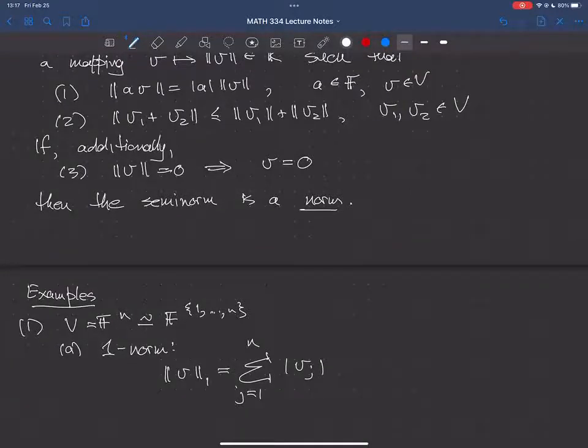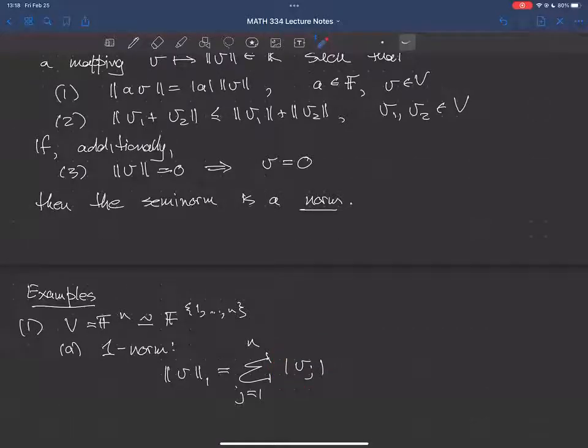Well, this one's obviously a norm. Okay, why is it obviously a norm? It's simply this property, the homogeneity property is clear. Okay, you stick a scalar in there and it's going to pull out with its absolute value. The triangle inequality is also clear, and that's just because the absolute value satisfies, or the modulus satisfies, the triangle inequality.